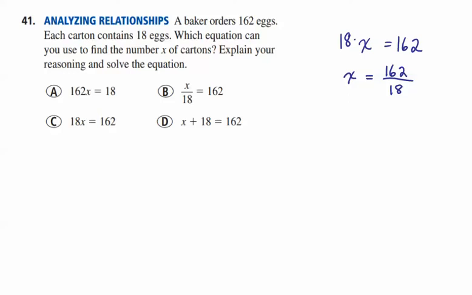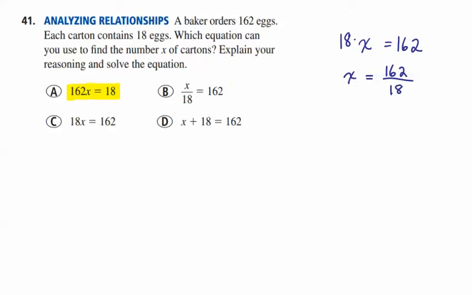So we want to go over and look at the different possible answers that we have. So let's look at A. Now A says 162 times x. Well, if x is the number of cartons, then would there be 162 eggs times the number of cartons equal to 18? That doesn't make sense.